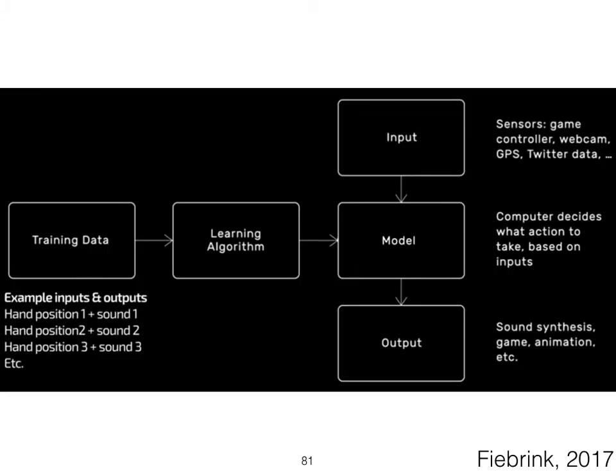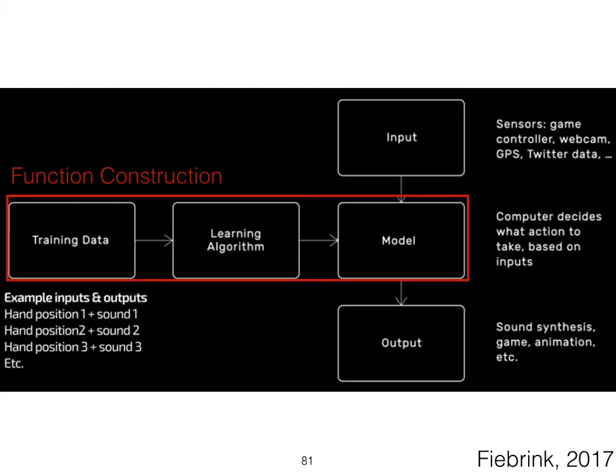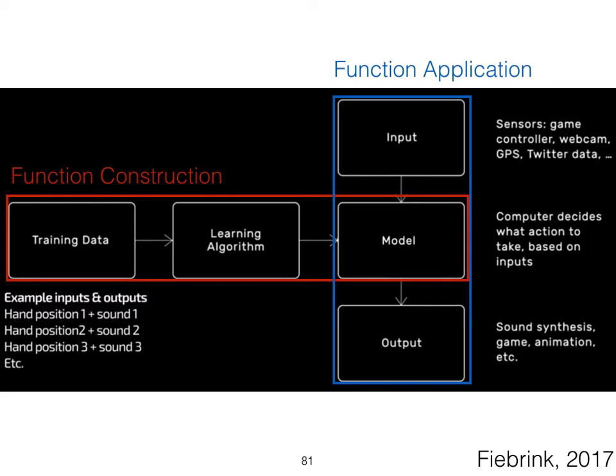Well, we can also think about building and using machine learning systems as being about the data-driven construction of functions and then the application of those functions. What I mean by that is we use data and algorithms to train models. Machine learning models are the product of machine learning algorithms. Those trained models are functions, and training them is a process of empirical function construction. Then, once we have those models, we can apply them to new data at runtime to make inferences.